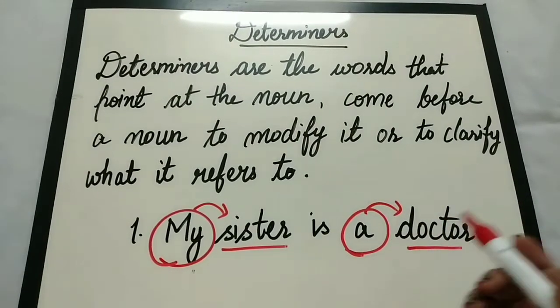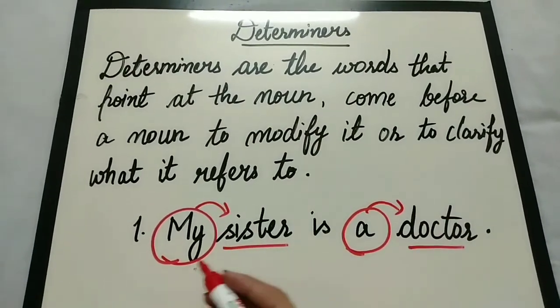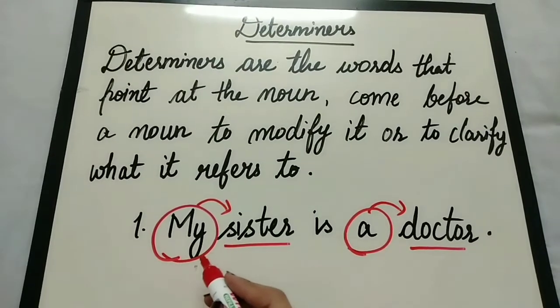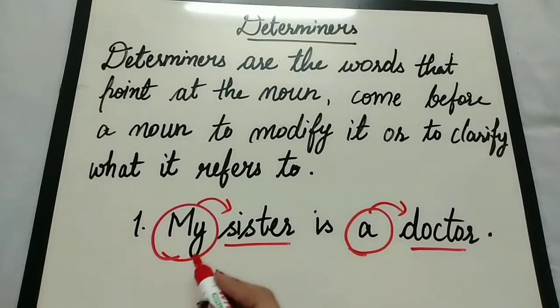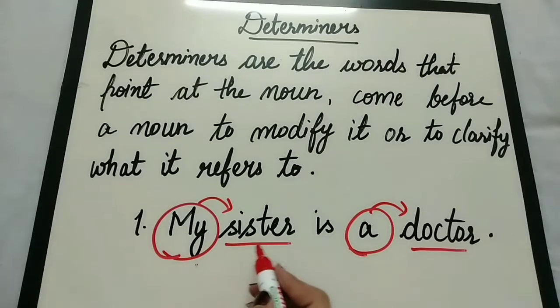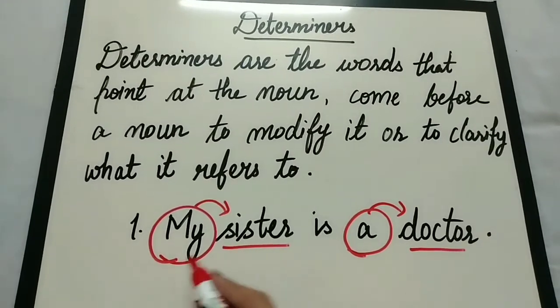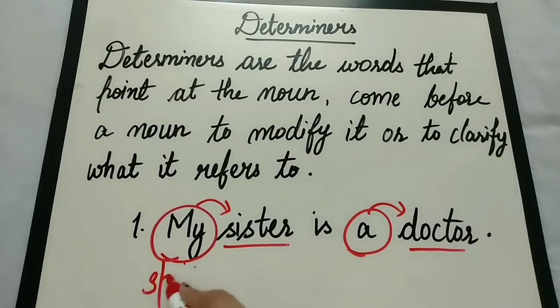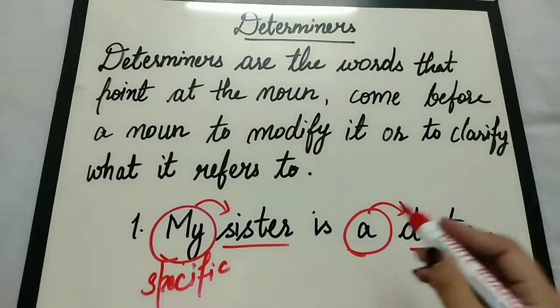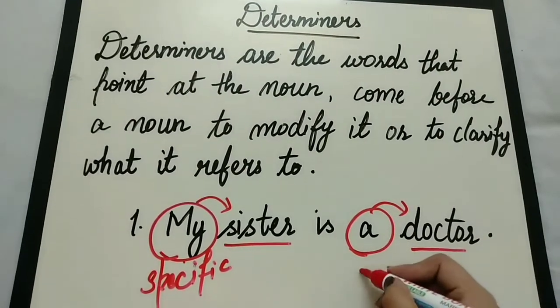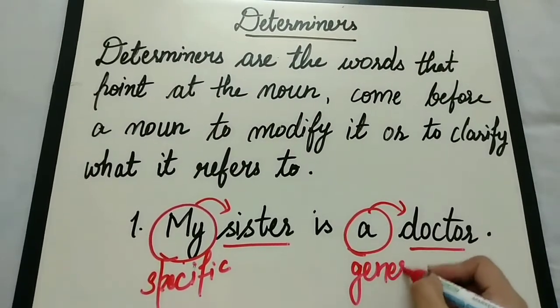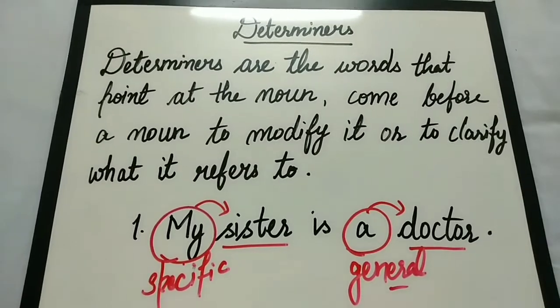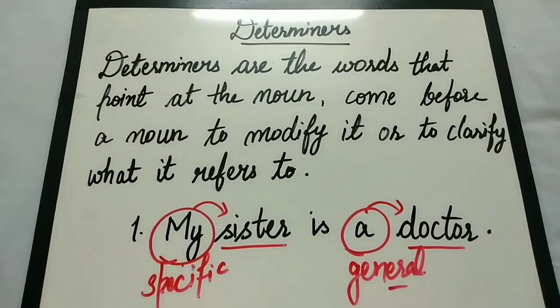You can see in the present example, the word my is a specific determiner because specifically we are telling about my sister. The word my is a specific determiner and a is a general determiner.